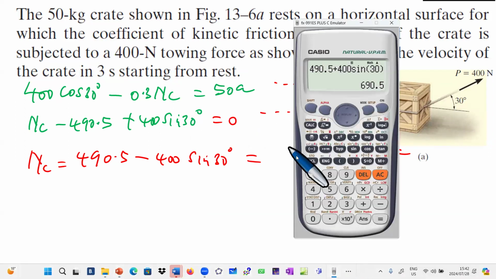You forgive me if I lose you. But I was saying that if you transpose this, it's going to be positive and this is going to be negative. So it's going to be 490.5 minus 400 times the sine of 30, which is 290.5. That's the correct answer.